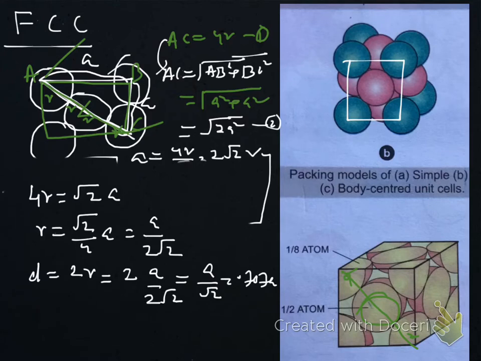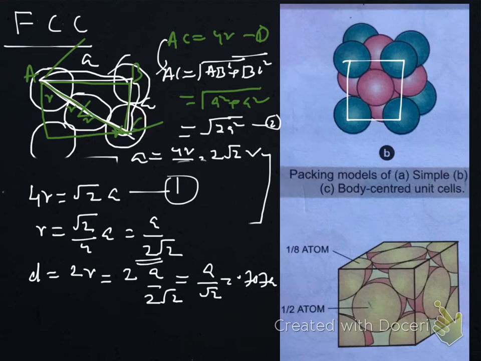And the additional relation we can see here is the relation between edge length and radius. In FCC, we have the relation 4r equal to root 2a. Then r equal to root 2a by 4, that is a by 2 root 2.